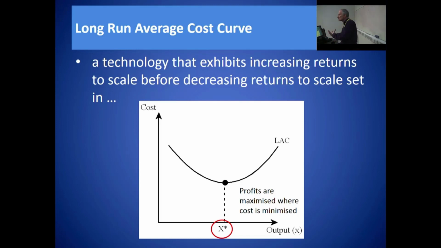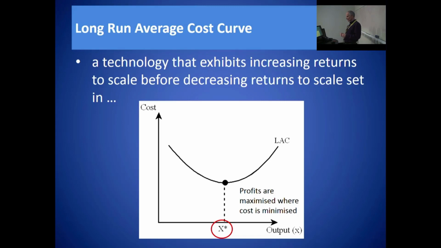And of all of those minimum cost combinations, the one that maximises profits is where the long-run average cost curve for the price-taking firm is at its minimum. It will therefore produce X star units of output. And that is the profit maximising point for a firm in the long run.